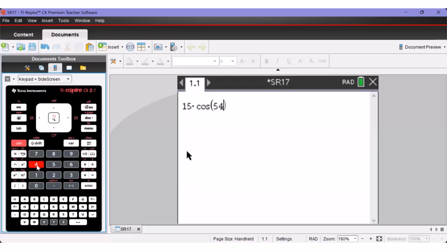And what we need here is the degrees symbol. So if I press the pi button, down with the navigation pad to highlight that degrees symbol and press enter. There's our 15 times cos 54 degrees. Now, navigation pad to the right.